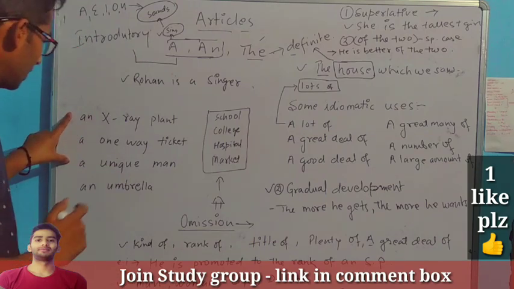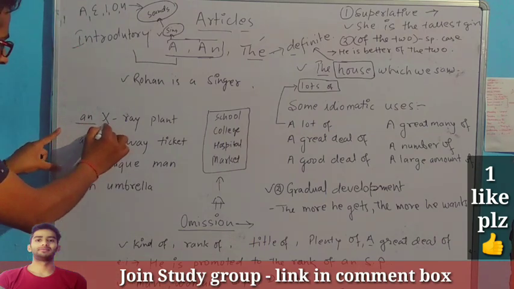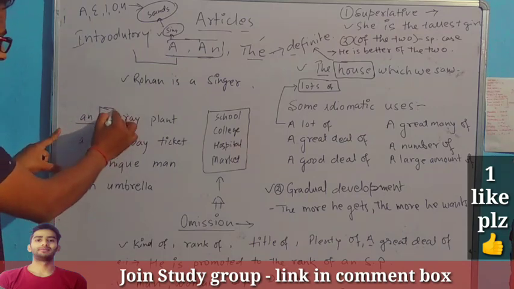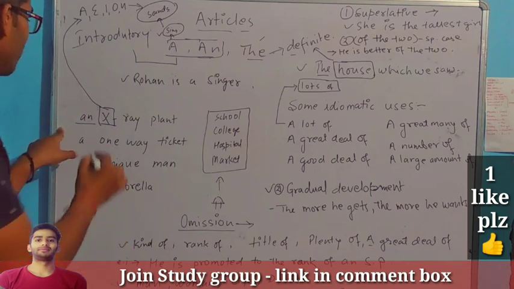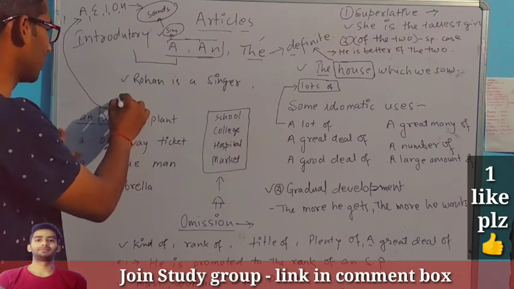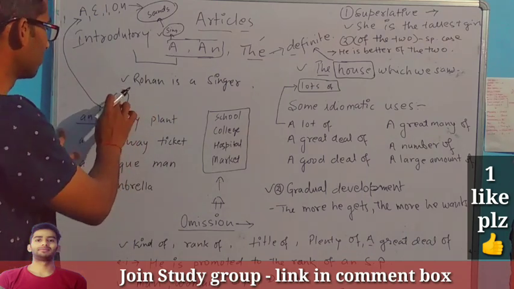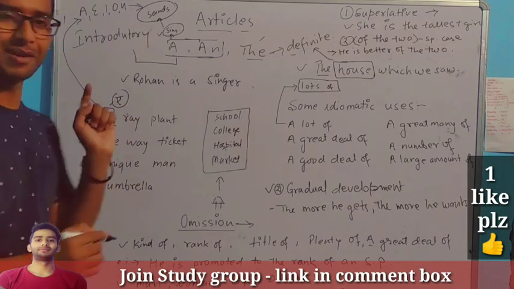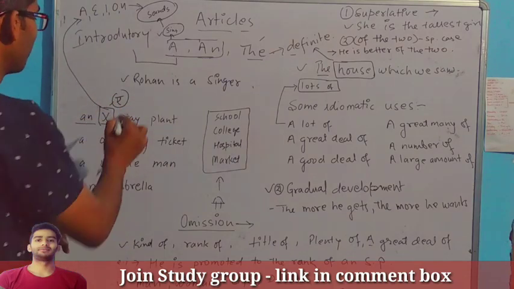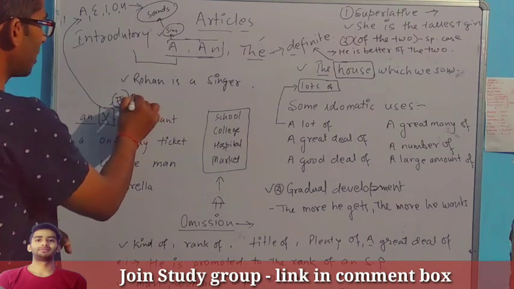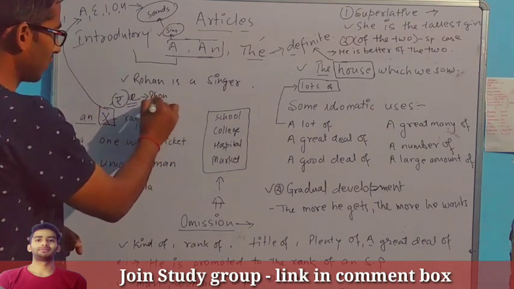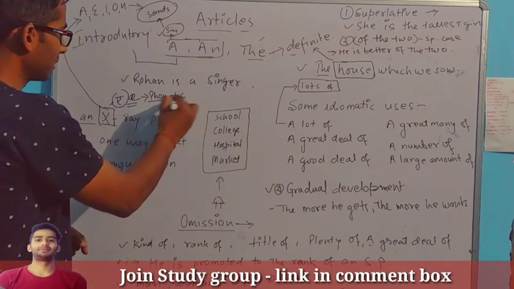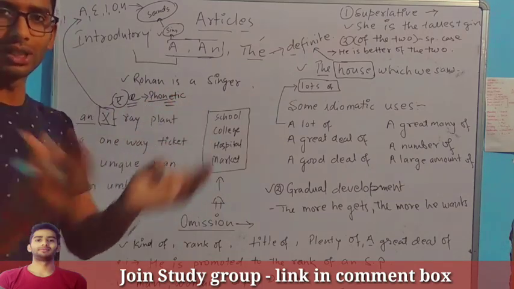Here you can see we are using an X-ray. X-ray is not a vowel, but still we are using an because of the sound. Actually, I am writing here in Hindi, but it is a sound if you go through phonetics. Phonetics means the sounds in English.